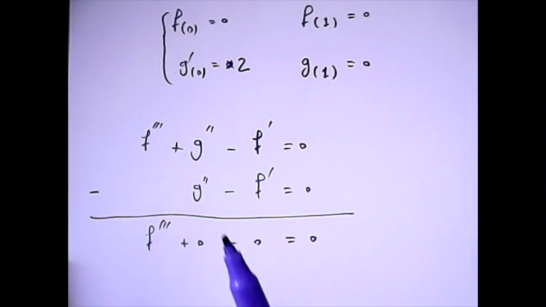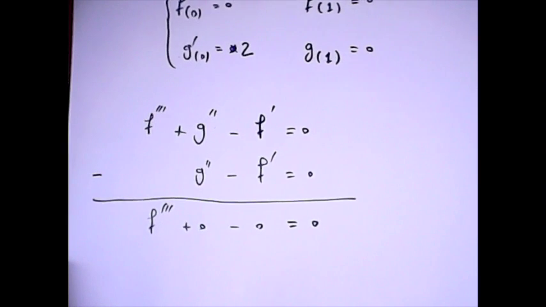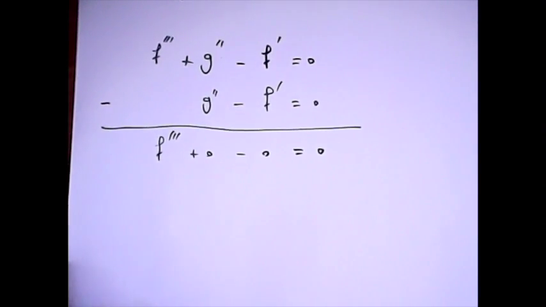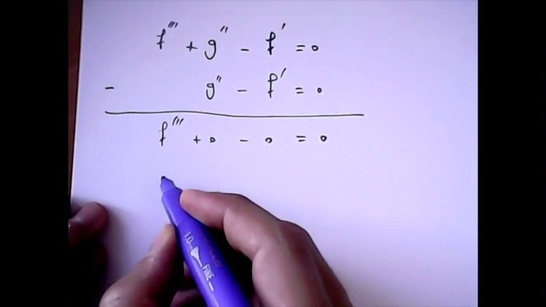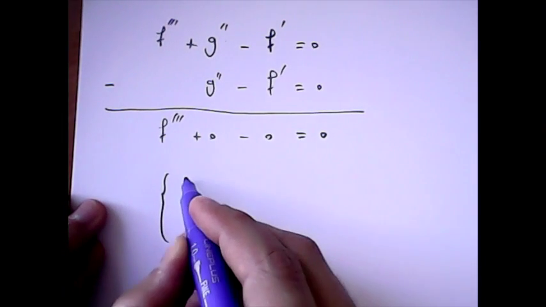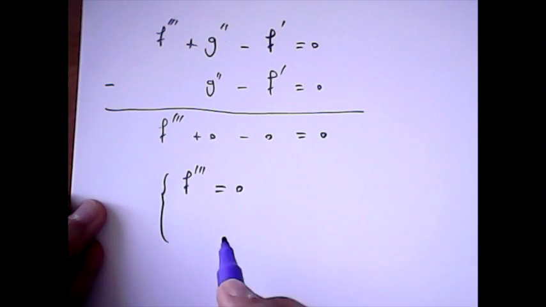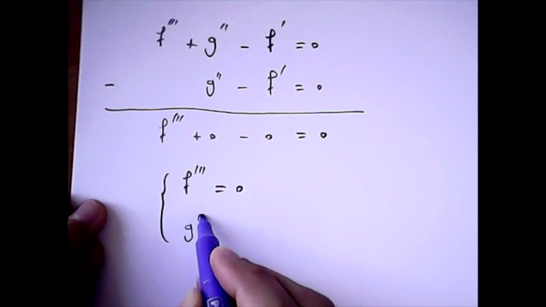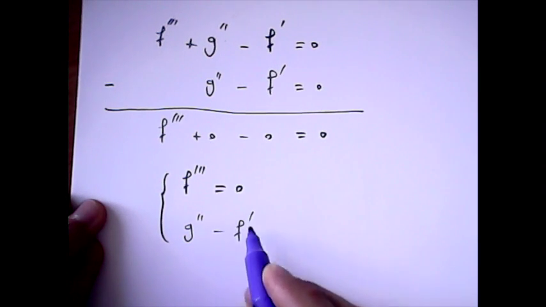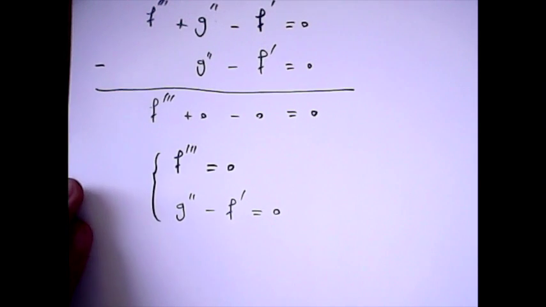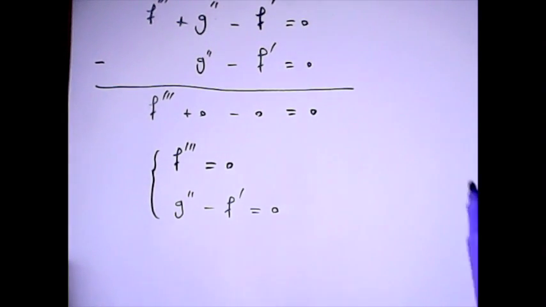So now I ended up with another system, and this is now decoupled. The first equation is the third derivative of f equals 0, and the second equation is the second derivative of g minus f prime equals 0. There we go. That's now decoupled.